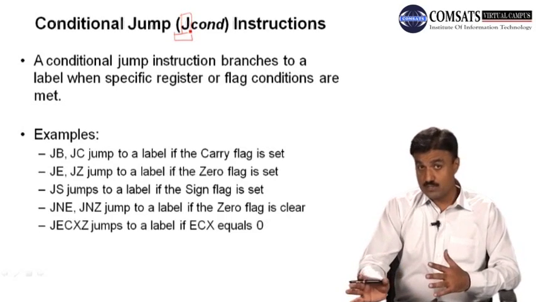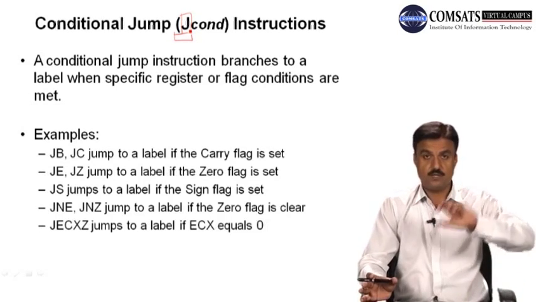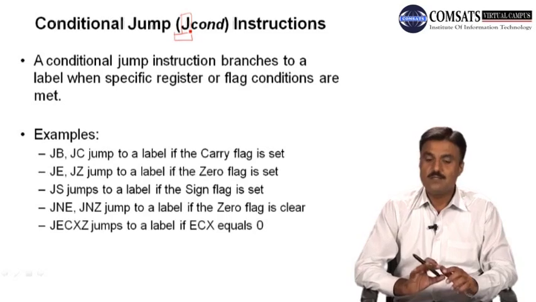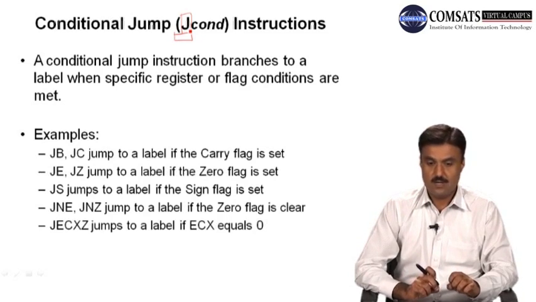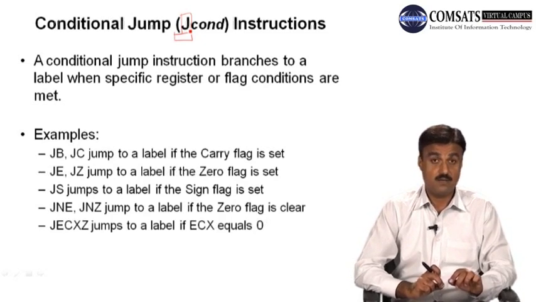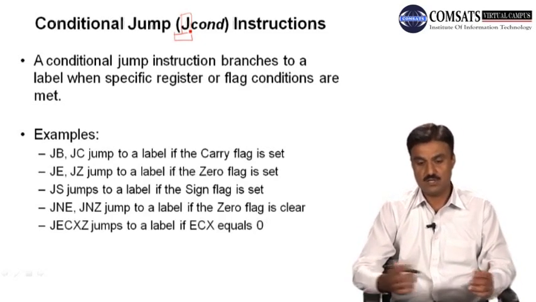Just like the loop instruction, which was also used to transfer control, this is the conditional flow control instruction, and all these jump related instructions start with the character J, and there is a condition as well.